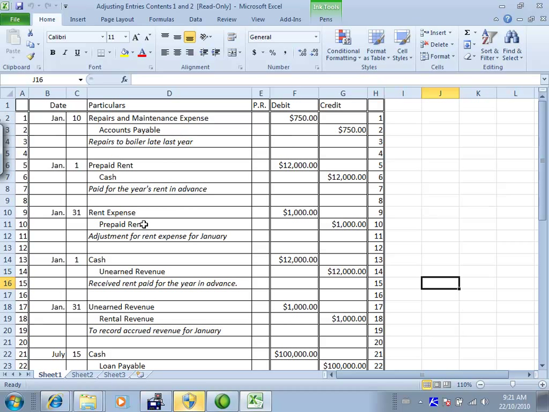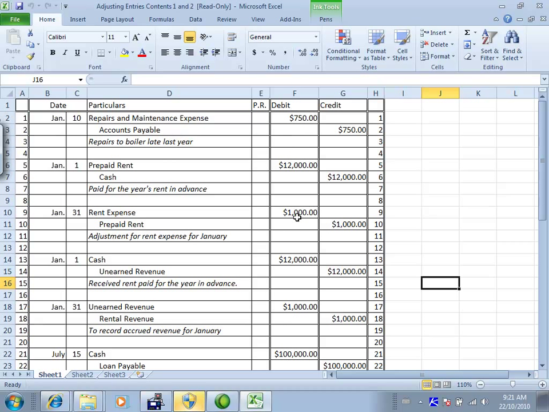And at the end of each month, this prepaid rent has $1,000 taken off it, so credited. And so when we do that 12 times, at the end of the fiscal year the prepaid rent would be down to zero, because at the end of the period there's no prepaid rent anymore. So every month, $1,000 is transferred from this account to the rent expense account.